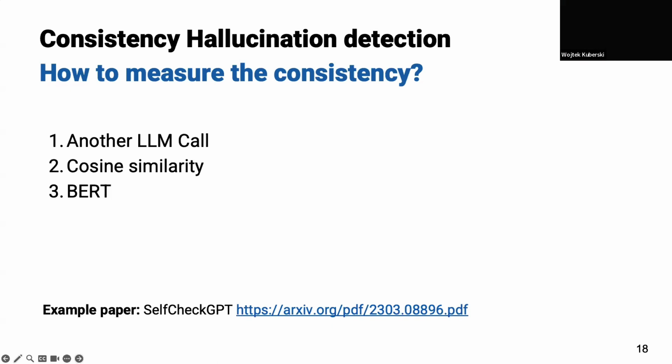Generally speaking, the best approach here is either taking yet another LLM call, because then it's going to capture the semantic meaning of the answers quite well, or use BERT if we are quite cost conscious. And there's always going to be an example paper for each of the approaches we discuss. This time it's SelfCheckGPT. You can see the link to the arXiv here, and we're also going to share it at the end of the webinar.